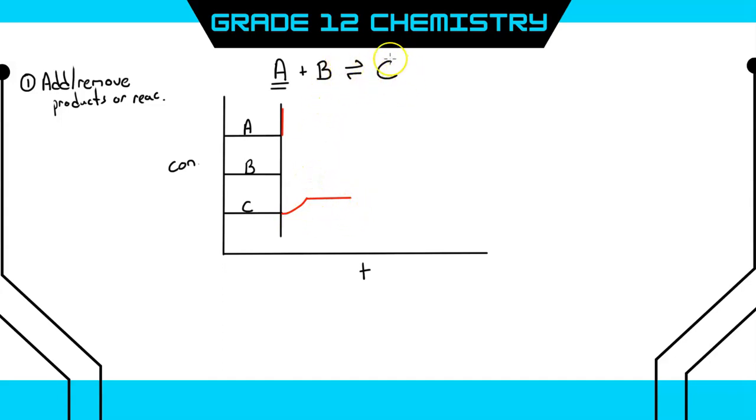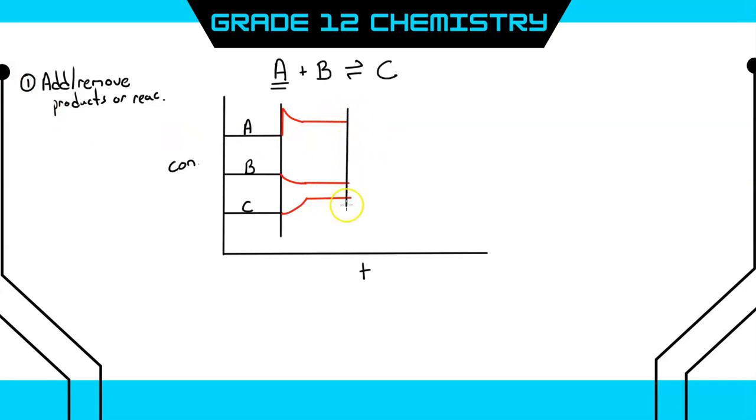Because C increases, A and B are going to decrease, until each of them reaches some new equilibrium. So you can see all of our concentrations have now shifted to this new equilibrium position.